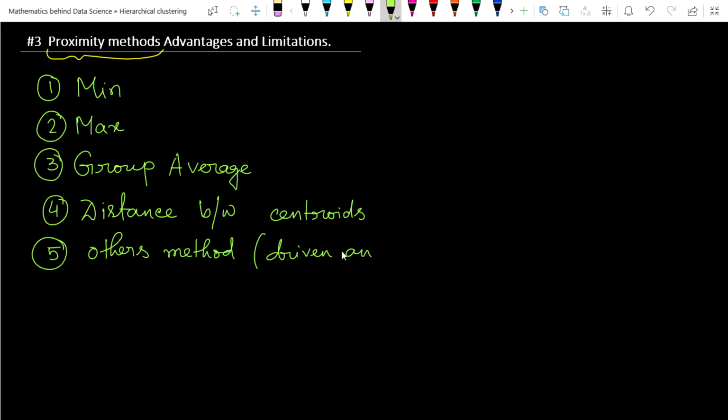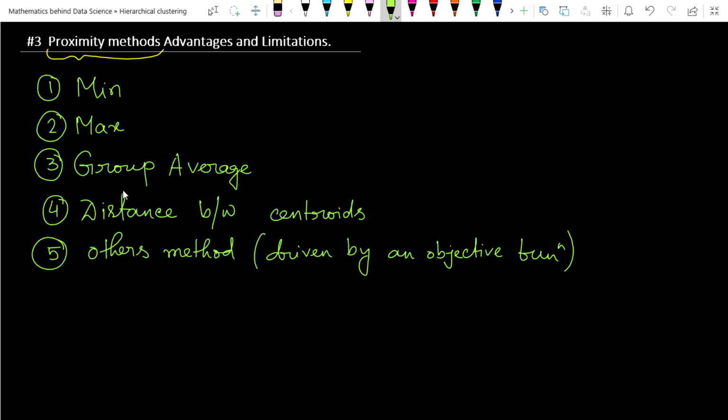Mainly these five kinds of methods we will use to calculate the proximity value. Now let's try to understand each one by one.